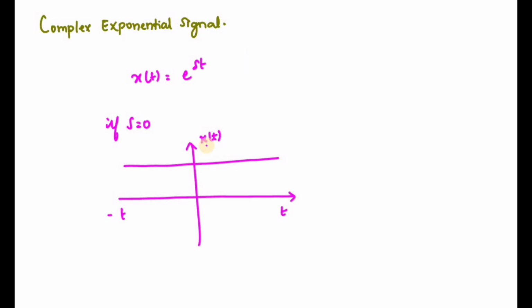Next, if omega is equal to 0, I have already told you, depending on whether tau is less than 0 or greater than 0, you will get the real exponential signal.